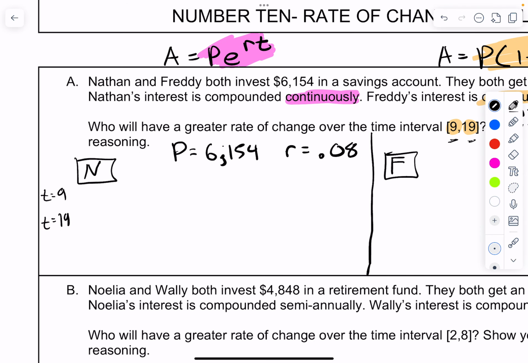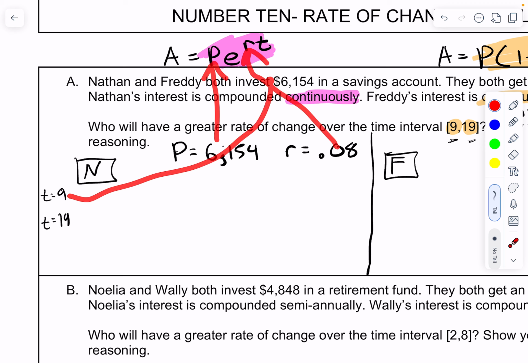So let's just go ahead and do those straight calculations where I've got my principal, my rate, and now I've got 2 times I'm going to do. All right, show you how that looks.